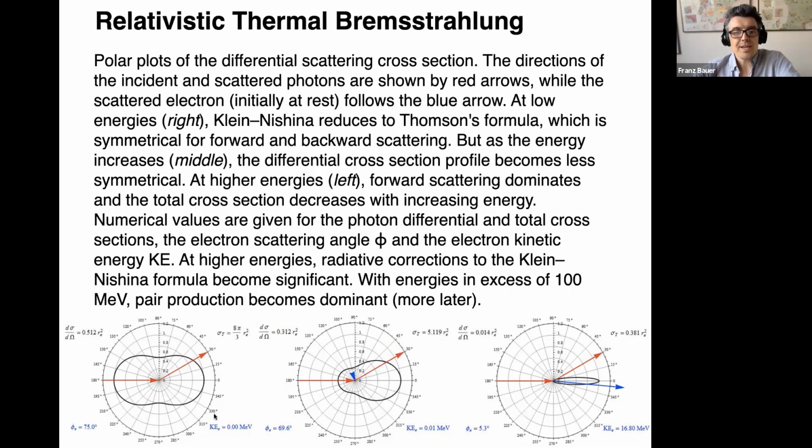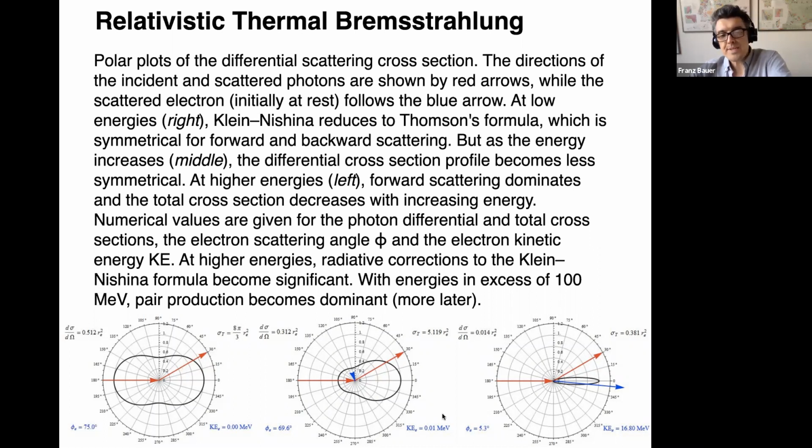And this is for a kinetic energy of 0, so very, very low, and you have just the classical Thomson cross-section, right? So front-back scattering symmetry is shown by this solid line here, and this is the relative scattering for this angle. Or rather, this is the value for this particular angle.